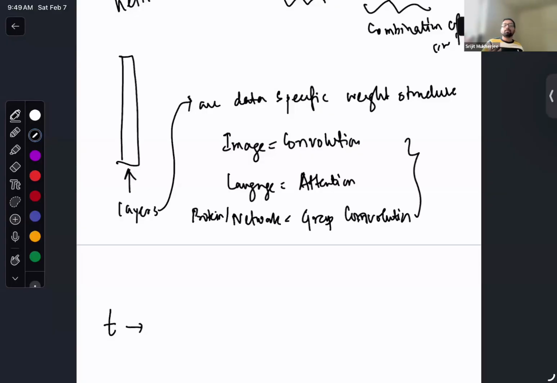So these are what the layers are made up of. MLP is for tabular data, multi-layer perceptron. Does it make sense? This is also very important. Yes or no? Any questions till this point?